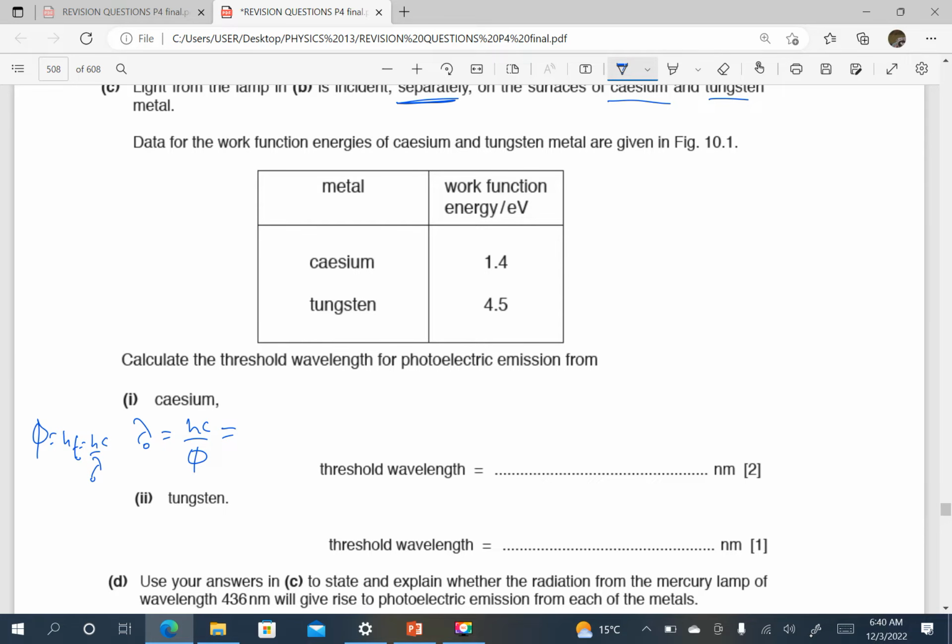So I simply substitute. This is going to be 6.63 times 10 power negative 34 times 3 times 10 power 8 divided by phi. The work function of cesium is 1.4. I will change it to joules, so it's 1.4 times 1.6 times 10 power negative 19.